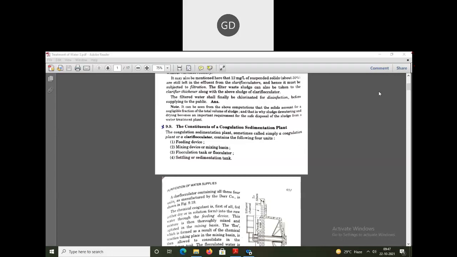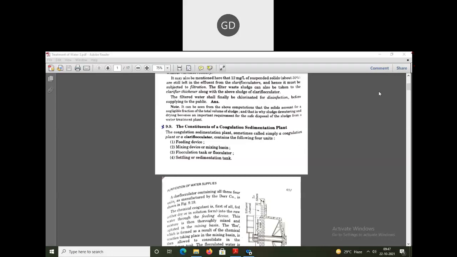So here there is a coagulation sedimentation plant, where the coagulation process takes place. It is also sometimes known as a coagulation plant, or it is termed a clariflocculator. This clariflocculator has four units.